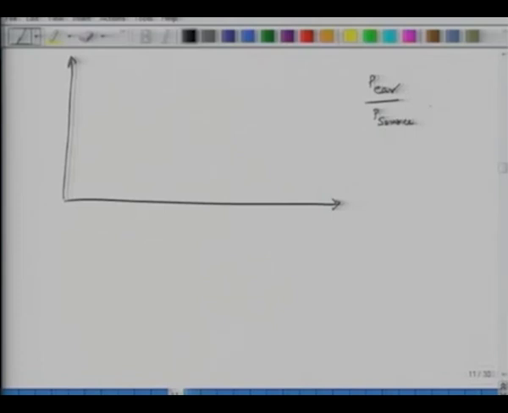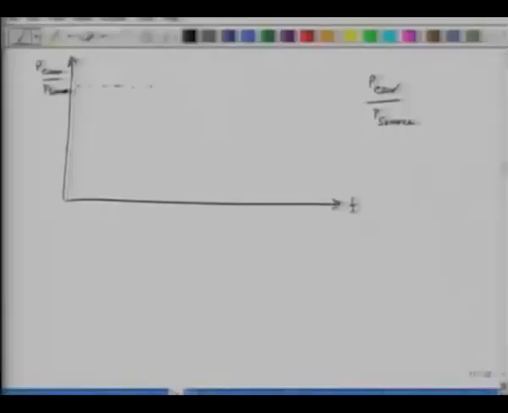So if I plot P ear over P source, and in the horizontal axis I am just varying frequency because of some of these effects which you just now experienced, my plot will look something like this.